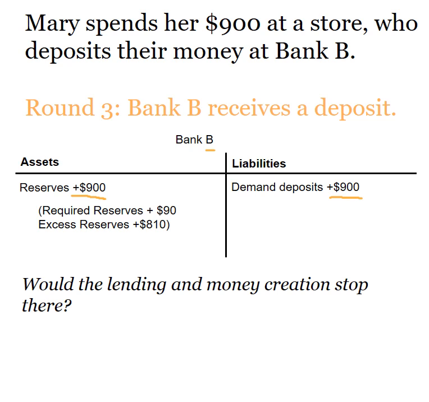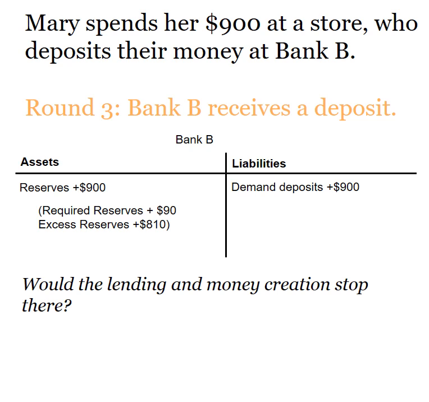10% of $900 is $90. So the required reserves go up $90. 900 minus 90 equals 810. So the amount of excess reserves that this bank has is 810. So would the lending and money creation stop there? No. Bank B can loan out $810.